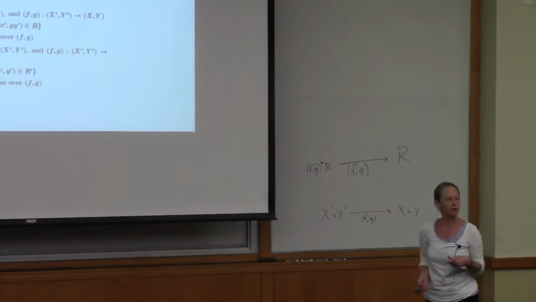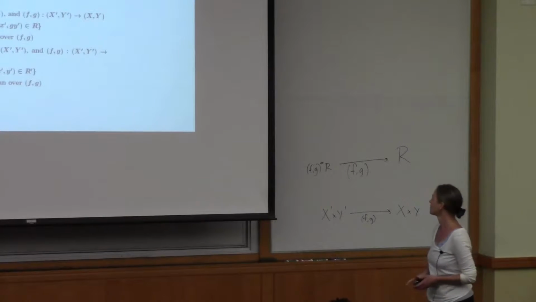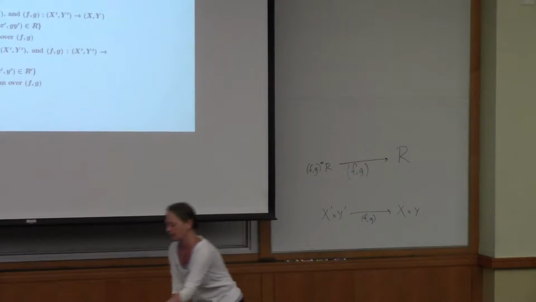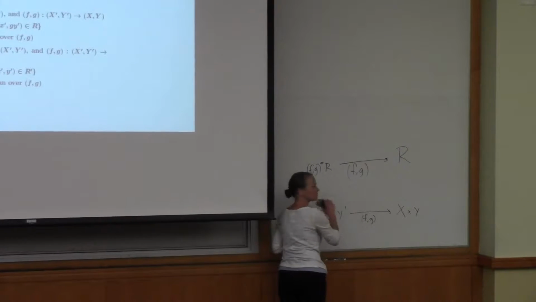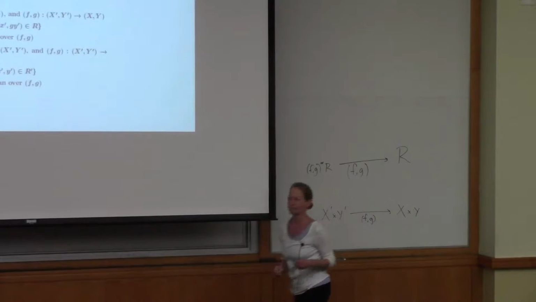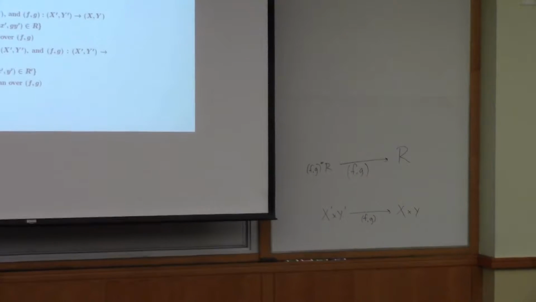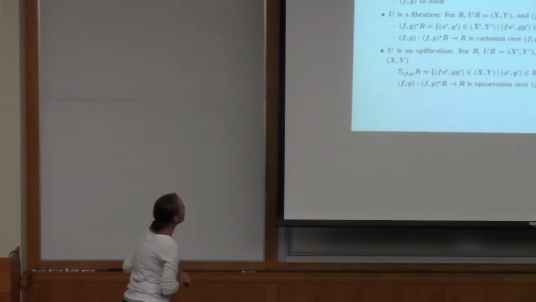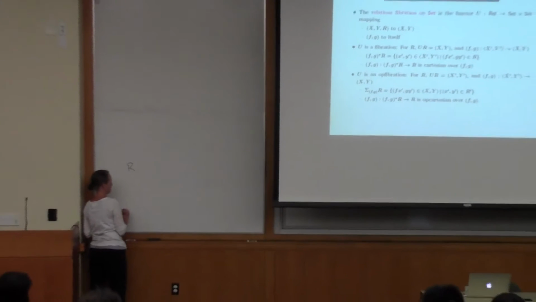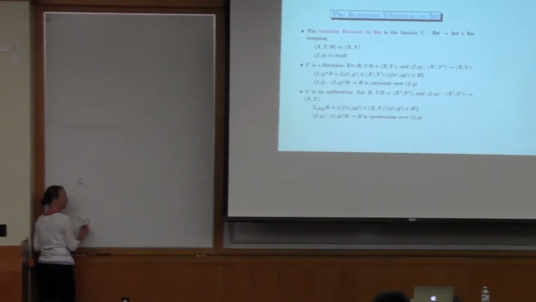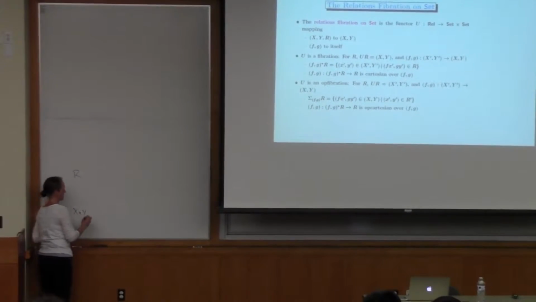And it's actually an op fibration, so I also have op Cartesian maps. So for that, I have to play the game kind of the opposite direction, right? So I have to, someone will be unhappy if I erase, right? Okay. So, sorry, Edwin. So what do? So for op Cartesian map, I start with an R that's over an X cross Y. And I have to play the game a little bit differently.